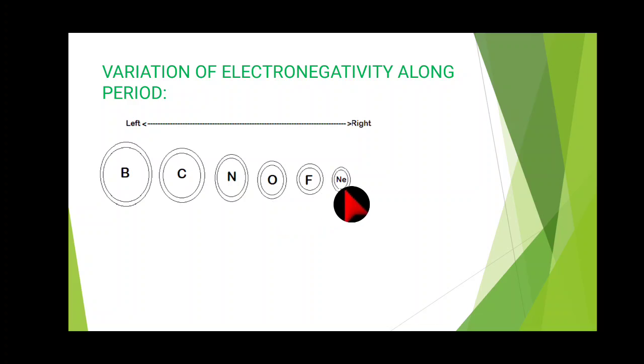So left to right, atomic size decreases. Why? Because in boron, 5 protons attract 5 electrons. Suppose you take neon, 10 protons attract 10 electrons. That's why the attraction force is maximum on the right side, and that's why size gradually decreases.